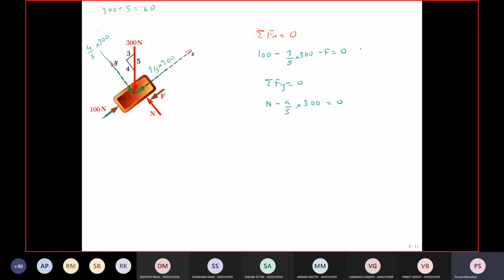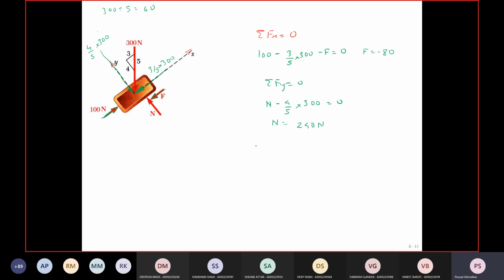So f is 100 minus 180, which is minus 80. F is minus 80, and N is 240.